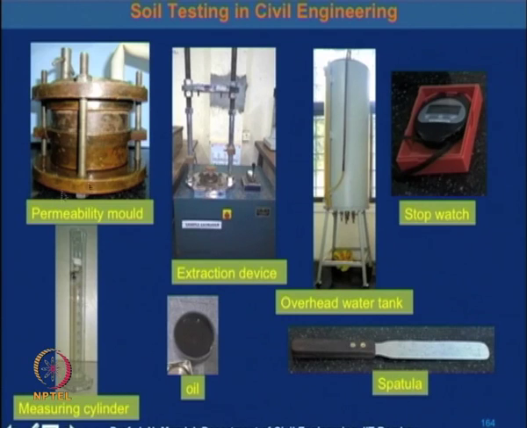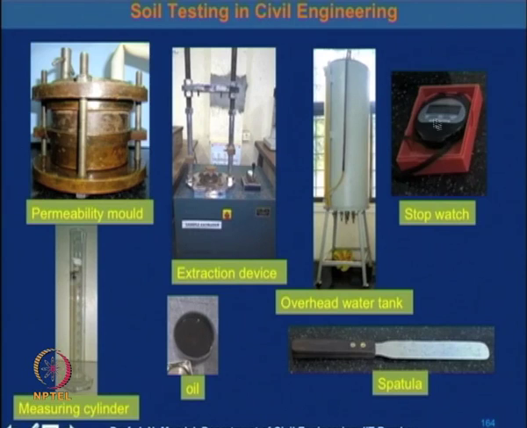So, this is the permeability mold, and this is the extraction device from where the permeability samples are to be extracted using this equipment, and this is the overhead water tank. This is the tank, the water is inside. So, this is the overhead water tank, and this is the stopwatch.